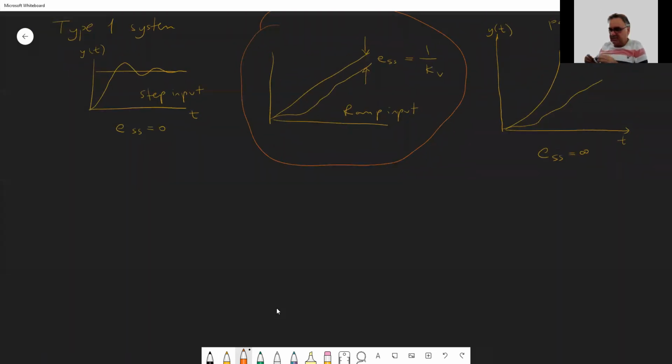Whereas let's say, if you take a type 0 system, the step response will look like this. This is the step input to the system. And your response will be, there will be a steady state error.